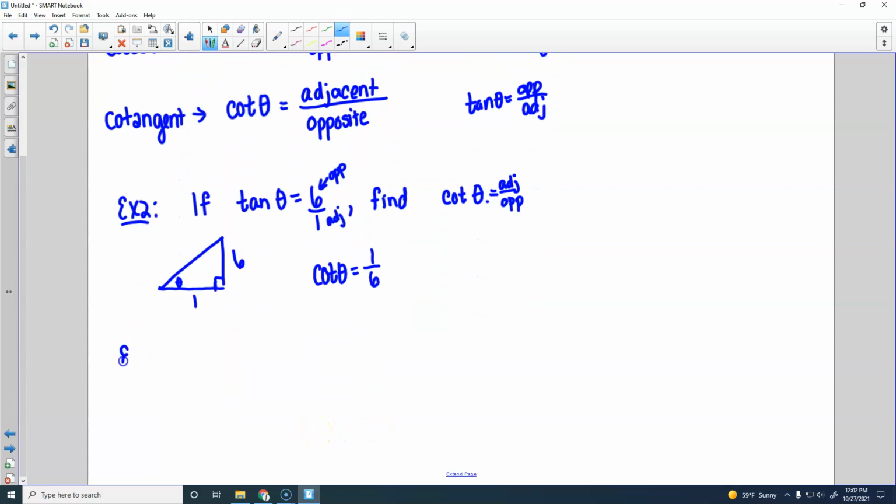You might also see one like this. Let's do, if secant of theta equals 6/5, find sine of theta.